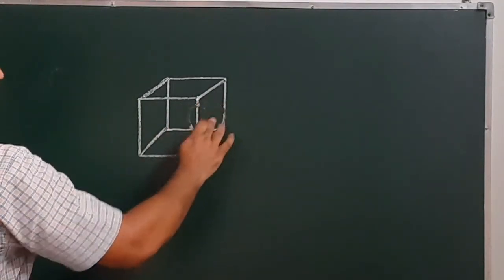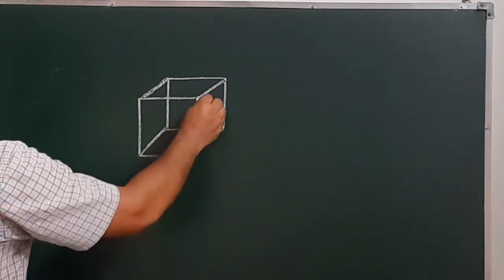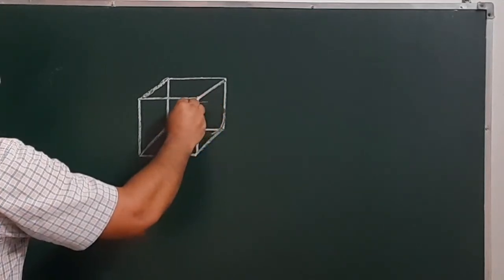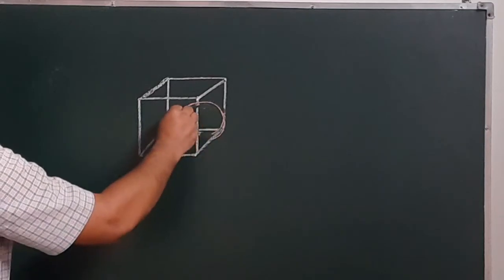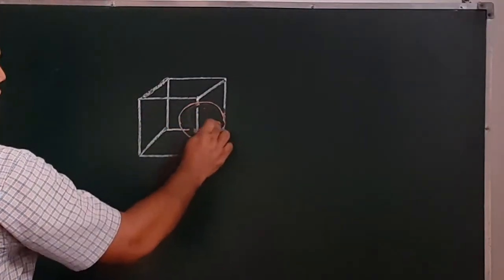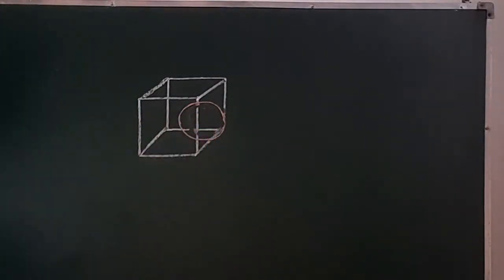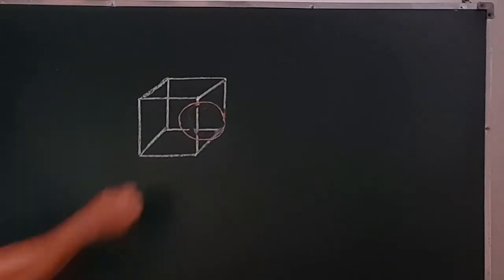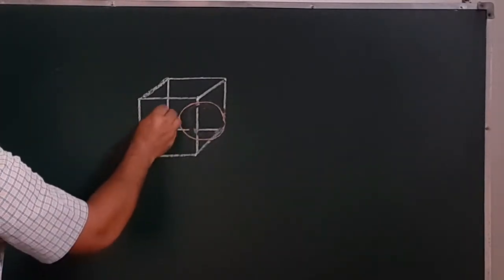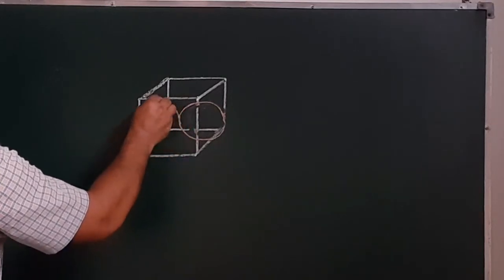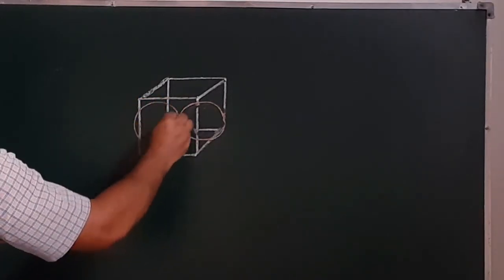So I have to increase the size of these constituent particles. So this is the constituent particle at this point. Now the next constituent particle is at this face, so it is touching this constituent particle.